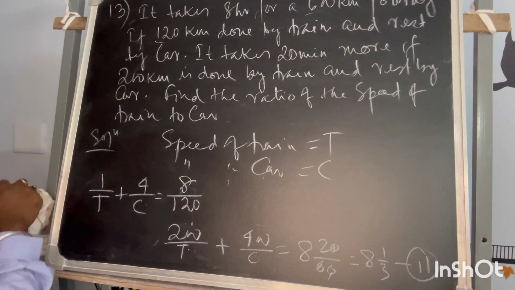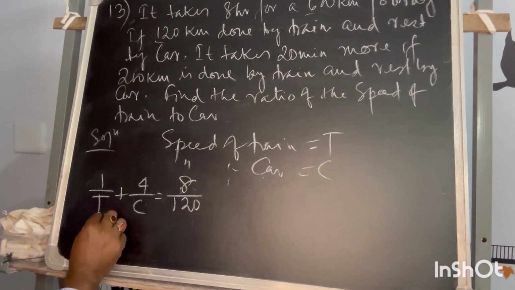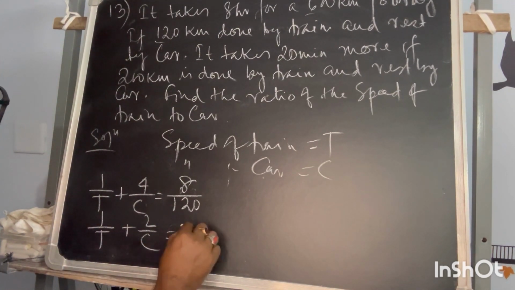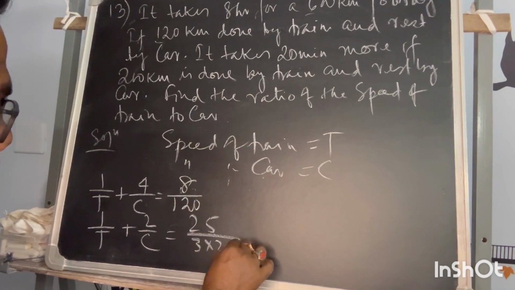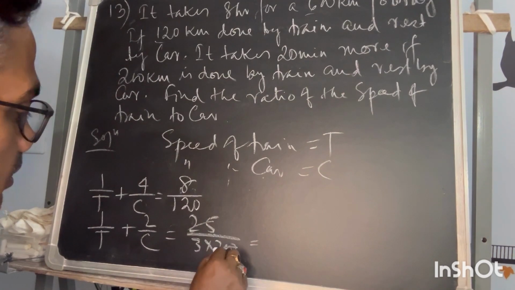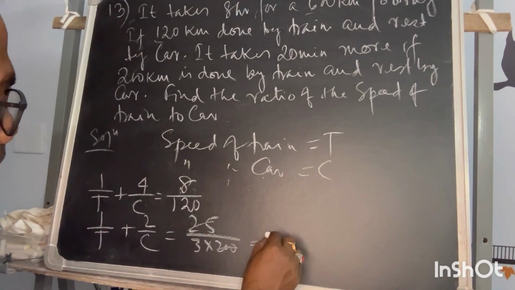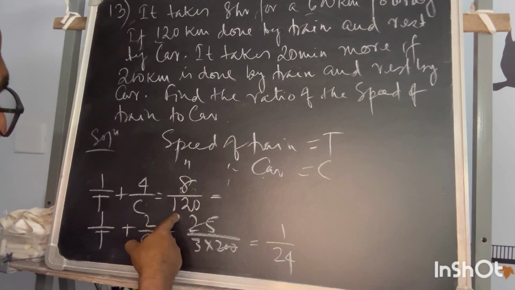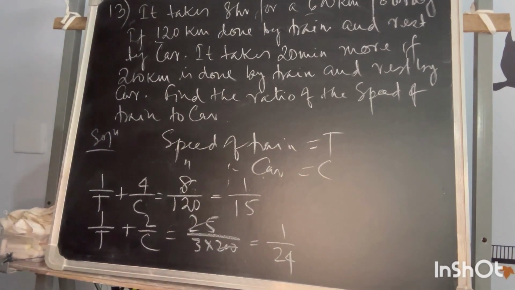If you reduce by 200, this will be 1 by t plus 2 by c, that is equal to 8 by 200, 25 by 3 into 200. So this can be reduced further, 1 by 24. This will be the reduced form.